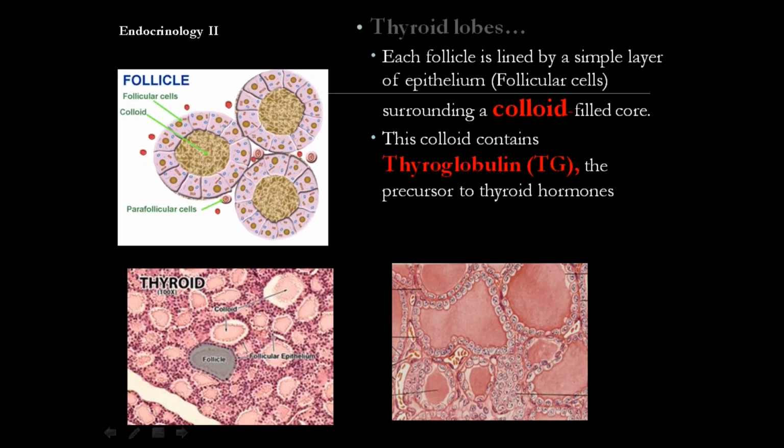Colloid is a substance that is a little bit more than fluid, and the thyroglobulin is going to wait for the iodine, and you know iodine is needed to form T3 and T4.